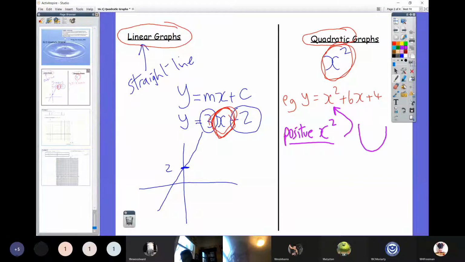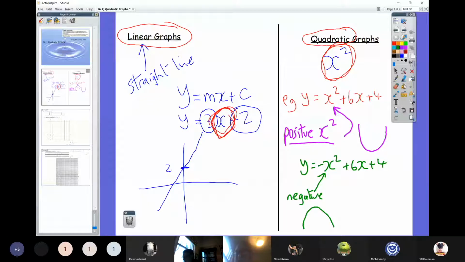If it was, for example, a negative x squared, the other bits don't matter, but if we had a negative x squared, then it would be a sad face.